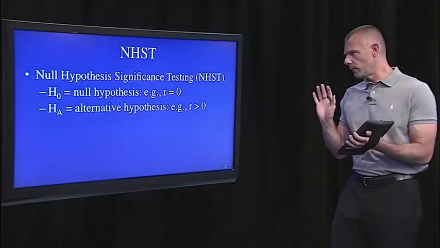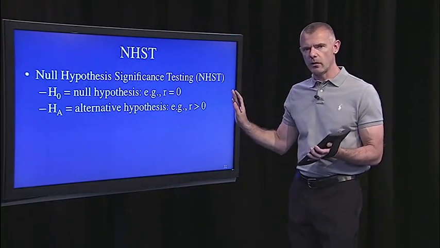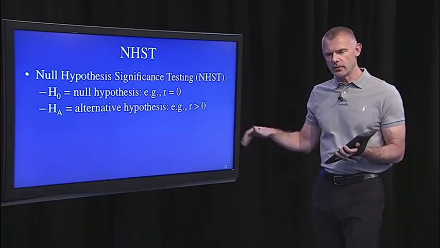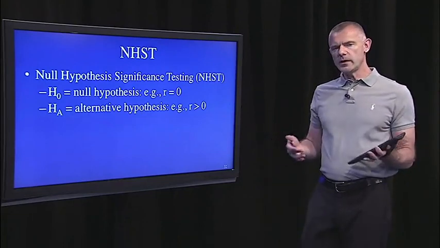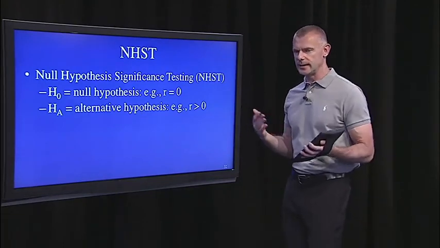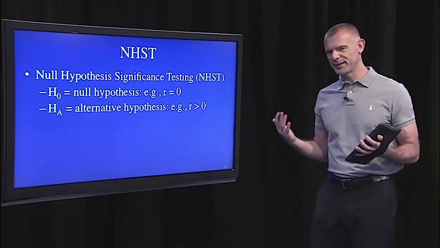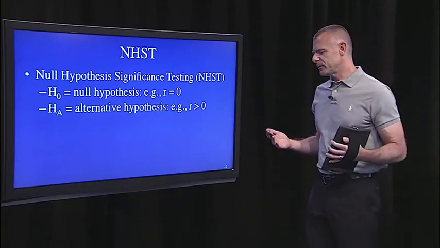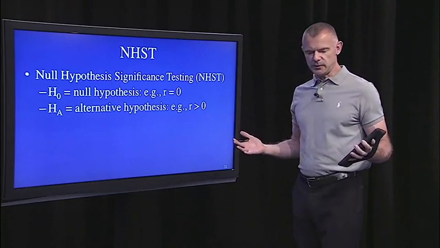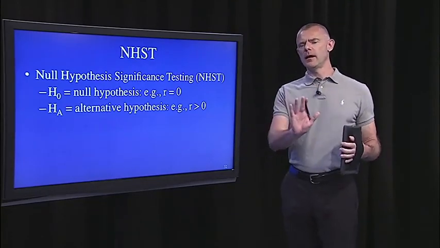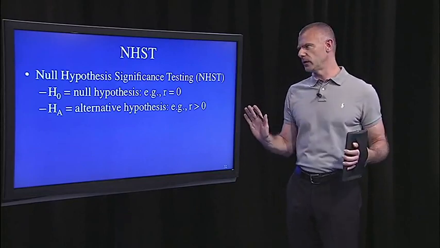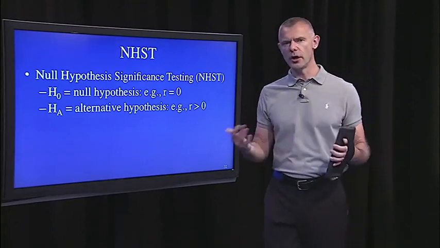So remember from our discussion about correlations, I went through the basic logic of NHST, and the way this works, and I sometimes refer to it as a game, because it is a little bit of a game, is before we conduct an experiment or do a study, we assume that the null hypothesis is true, and the null hypothesis just says that there's no effect.